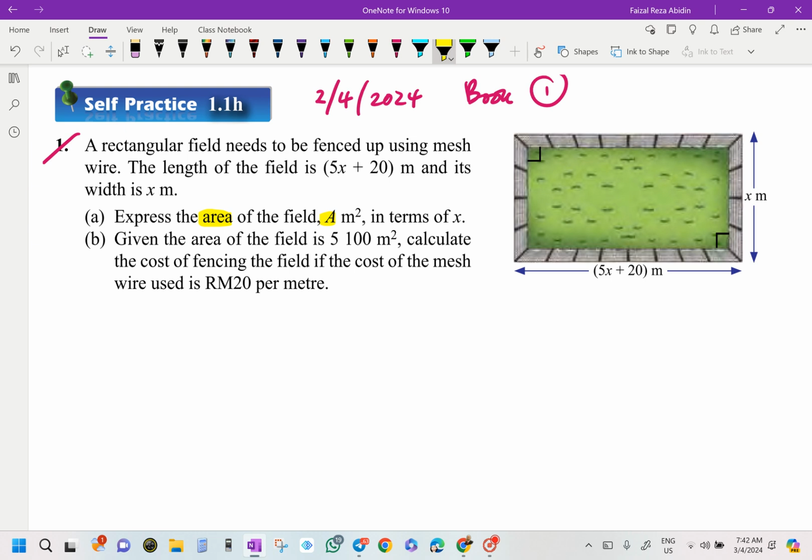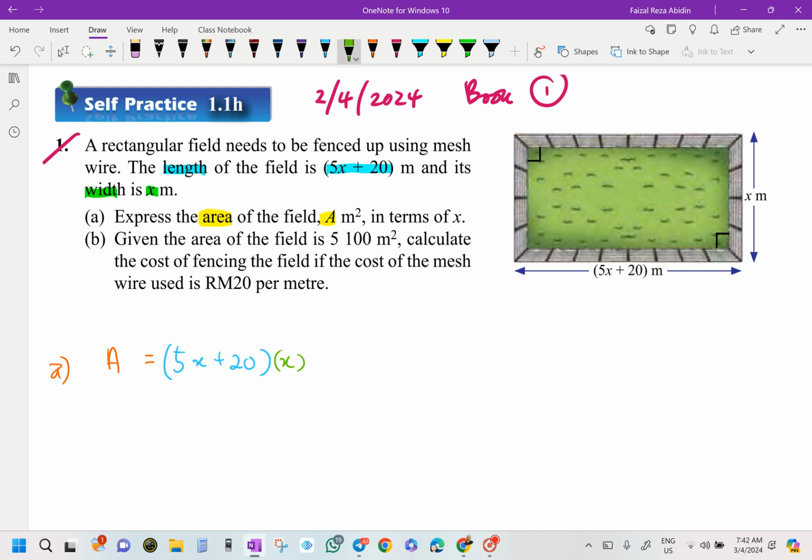So if you look over here, we have our length 5x plus 20 and our width is x meter. This one is in meter square. No problem, right? So you are going to have the area A equals to the length times width.